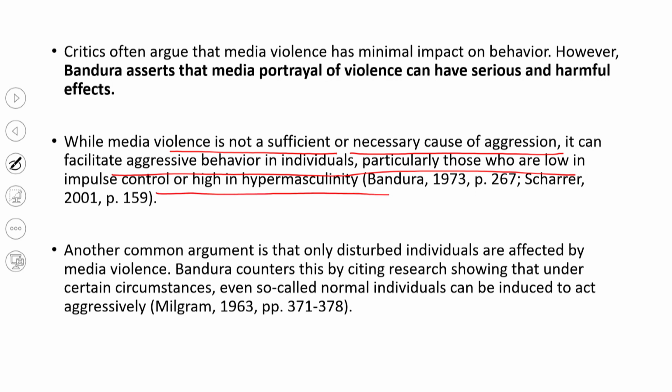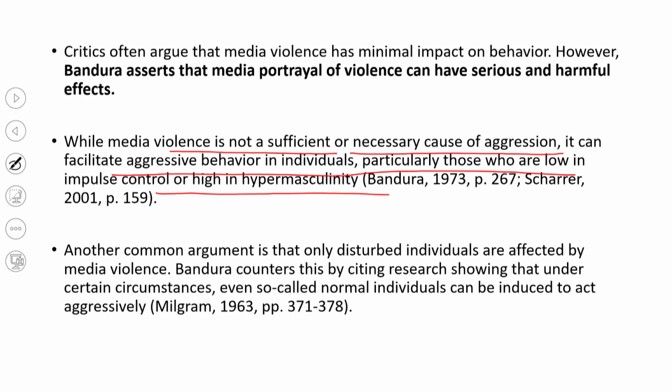It may not always stimulate aggression, but it can facilitate aggression, particularly in vulnerable individuals who are low in impulse control, who are hyper masculine kind of individuals who want to always portray their masculinity and so on. So, observing violence in media, films and so on could be much more impactful on this kind of individuals.